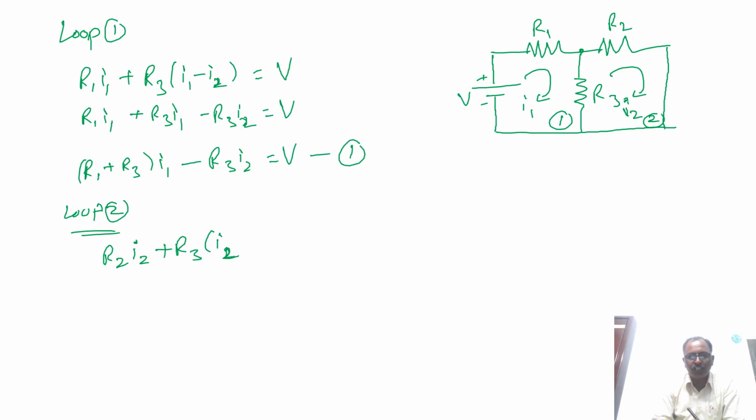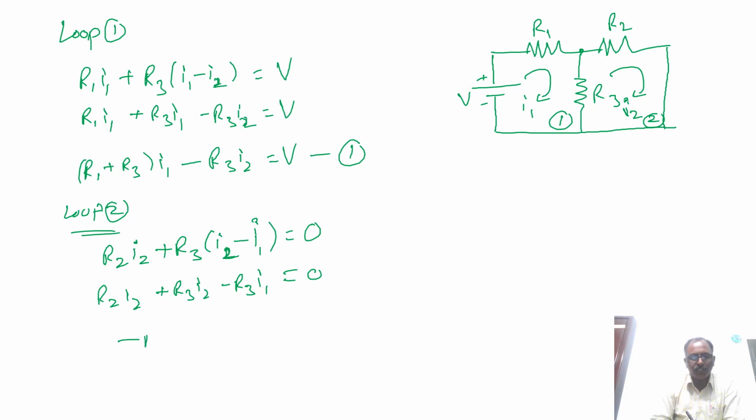As we are writing the loop equation for loop 2, we need to take the direction of I2 as the reference. So I2 is flowing from bottom to top, which we have considered as positive, but I1 is flowing from top to bottom, so it is opposing I2. So the net current will become I2 minus I1, equal to 0 as there is no voltage rise. So R2 I2 plus R3 I2 minus R3 I1 equal to 0.